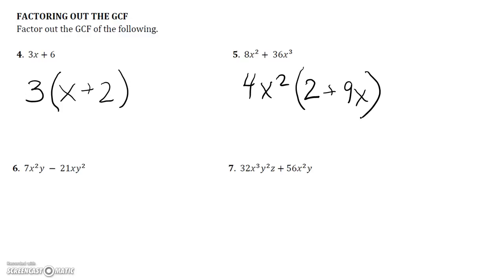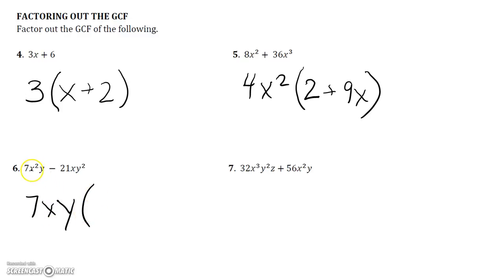Same deal for number 6. We're finding our GCF first, so we have 7 and 21, the GCF is 7. X squared and x, they share an x. Y and y squared, they share a y. Now we're pulling the 7xy out of both terms. So taking 7 out of 7, we're left with just 1, or we don't have to write that.